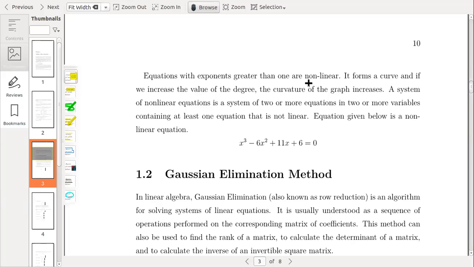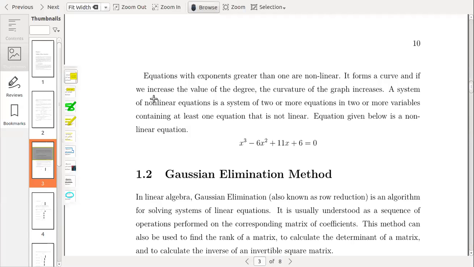Number one, the power of the variable involved must be 1, and the graph will be like a straight line. And similarly with a nonlinear equation, the power of the variable involved must not be 1, or some of the powers could be 1 but not the others, and the graph will be like a curve.